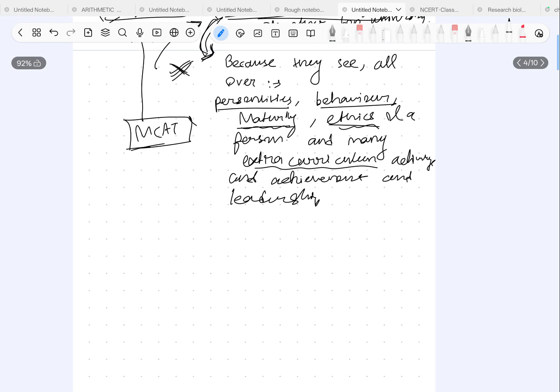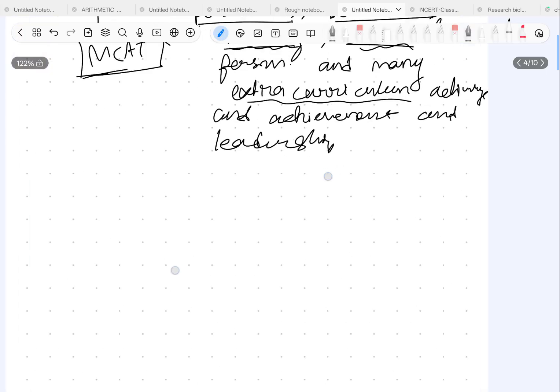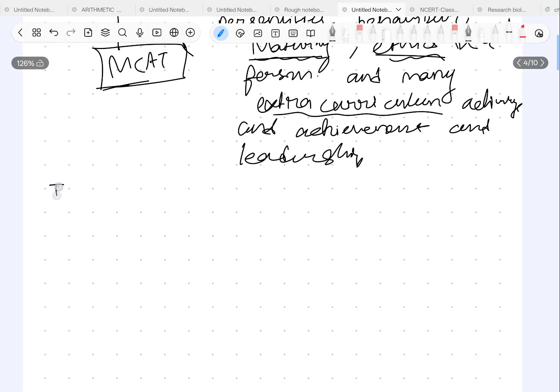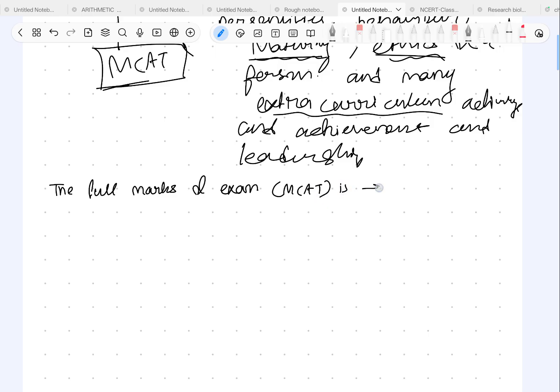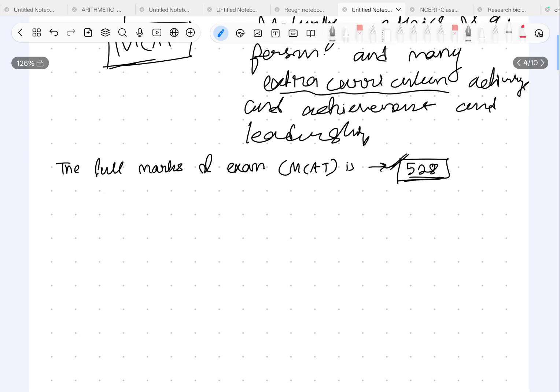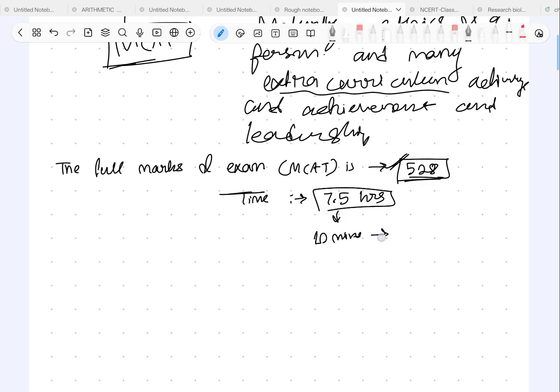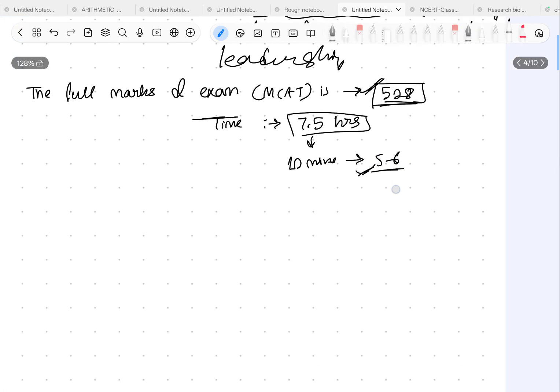Now the most significant part I am going to start: the full marks of the MCAT exam is 528. The time given is 7.5 hours, with 10 minute breaks, 5 to 6 of them, which are optional.